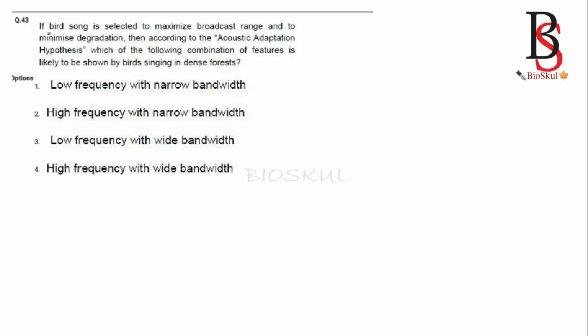Question number 43. If bird song is selected to maximize broadcast range and to minimize degradation. If broadcast range is maximized, then the wavelength is increased. If wavelength is increased, then the frequency will be decreased.